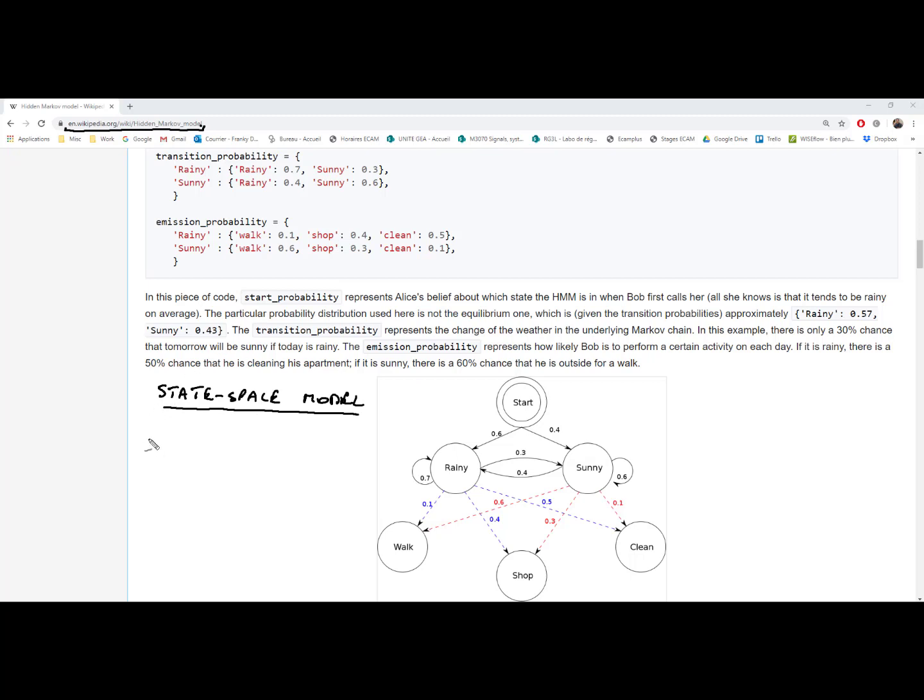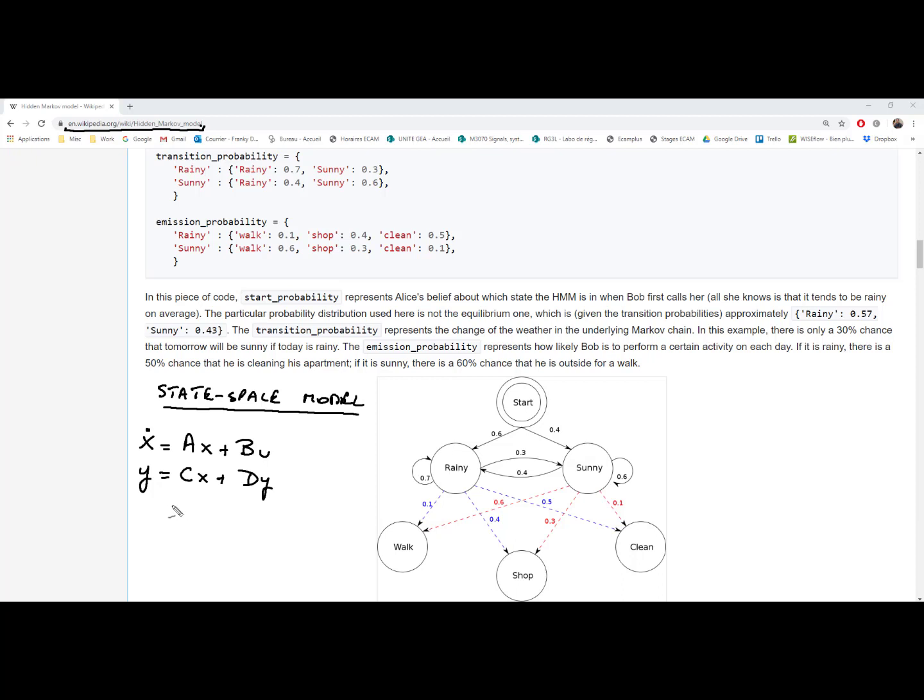And such a model can be described by a differential state equation. I've introduced this one before. So this is the state equation, and there is also an output equation that takes this form. This is an output equation, and it's a static equation.